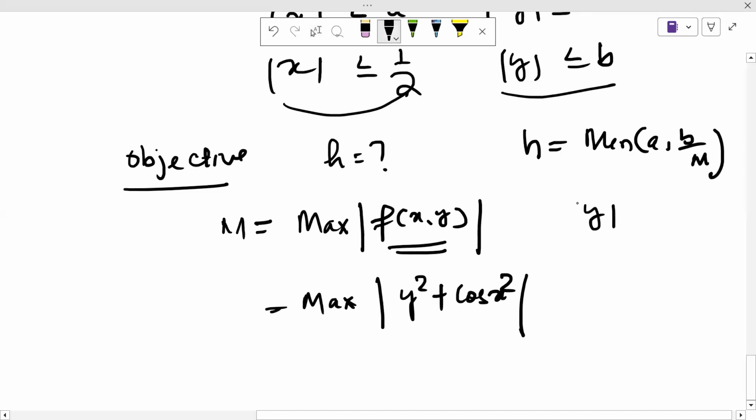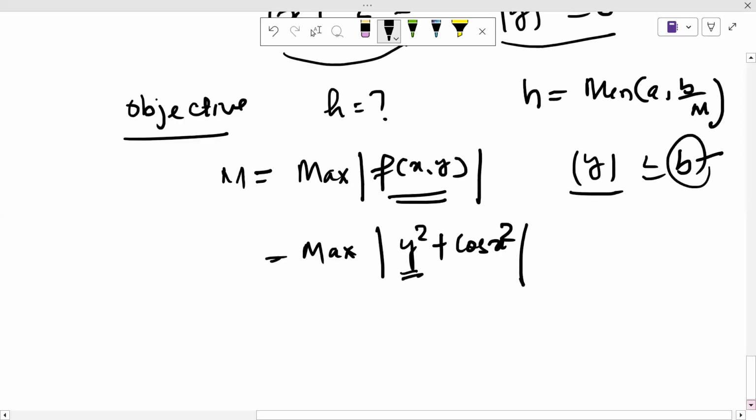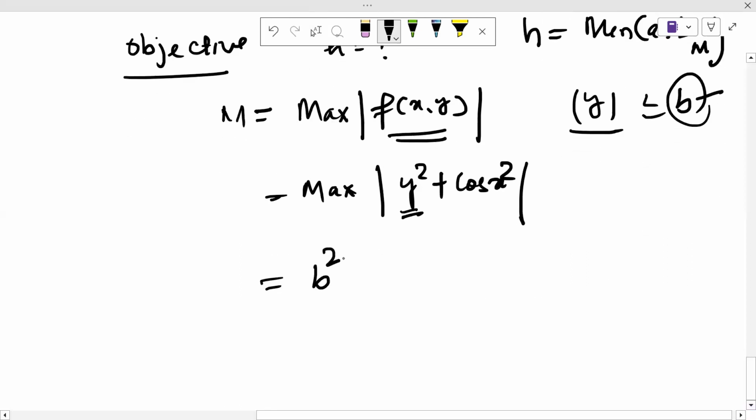The condition is mod of y must be less than or equal to b, so y must be at most b. So you put y equal to b, so that is b square. And what is the maximum value of cos x? That is 1. So that is b square plus 1. So m is computed here, that is b square plus 1.